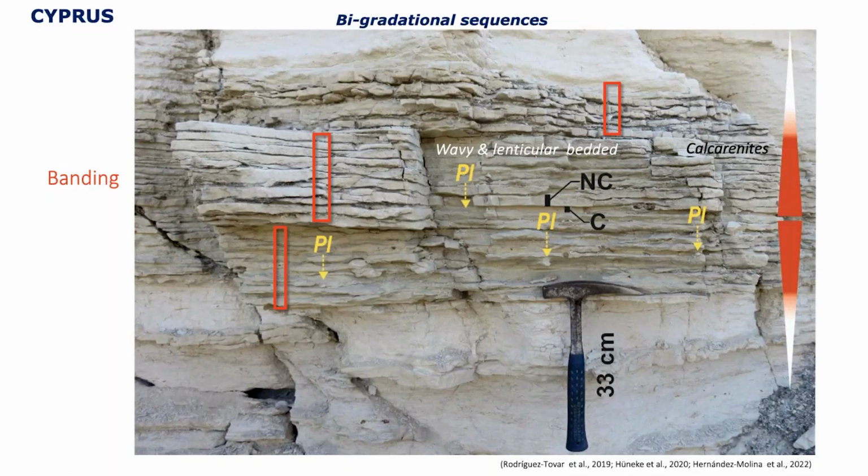So it's not that simple, changing to coarser and then finer. There is some internal variability producing what we call layering or banding, and this variation in the thickness of the beds. So all are criteria to identify contourites and bigradational sequences in the field or using cores in a well.